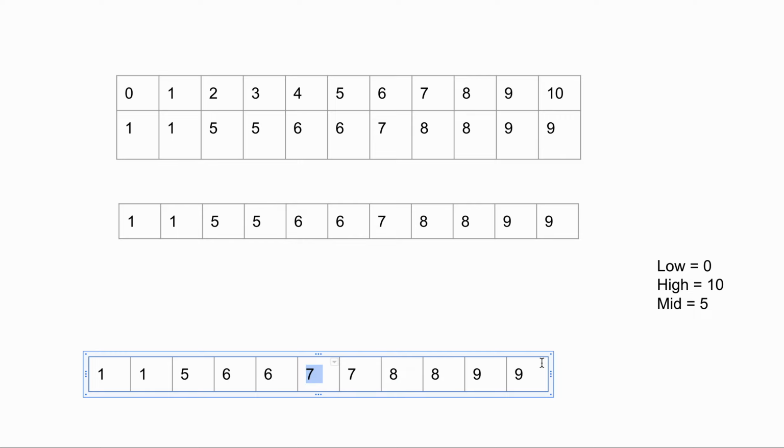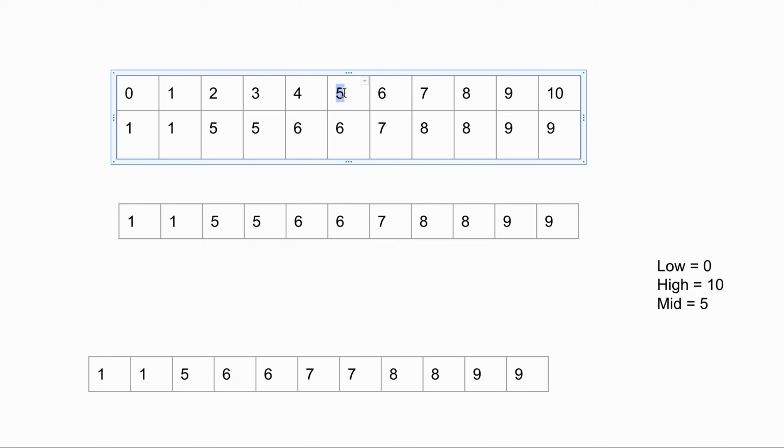What is the second idea? It is the same idea. If the mid is at an odd index, should you check the next element or the previous element? You should check the previous element. So in our example, the mid will be 5 and we have to check the 4. If they are both the same, it means we haven't yet found the single element.